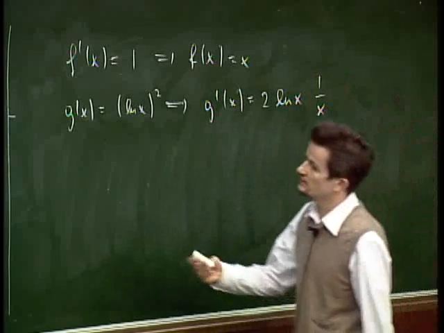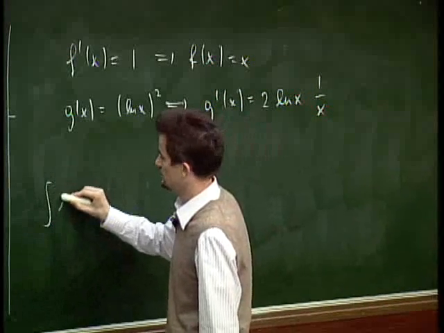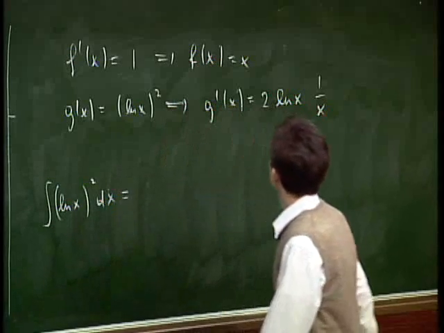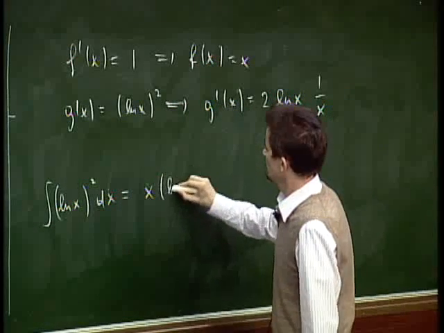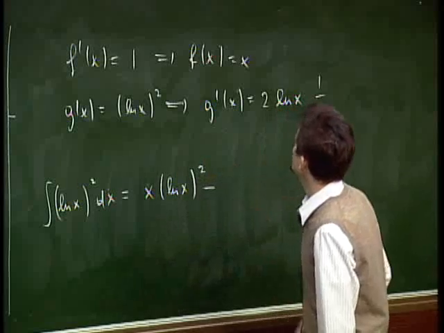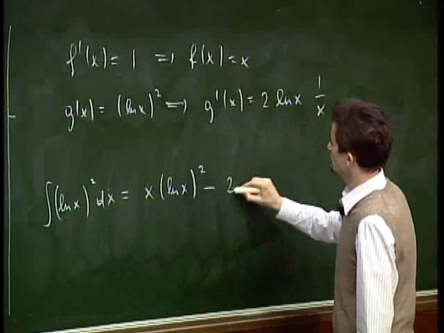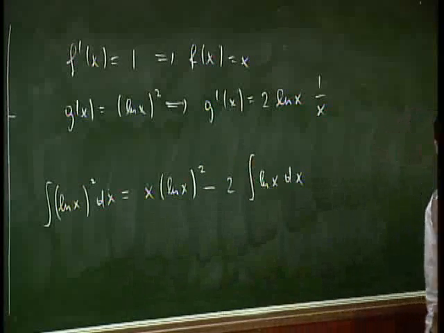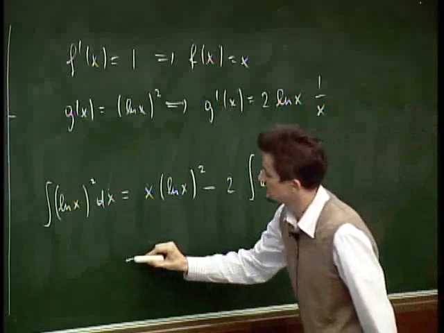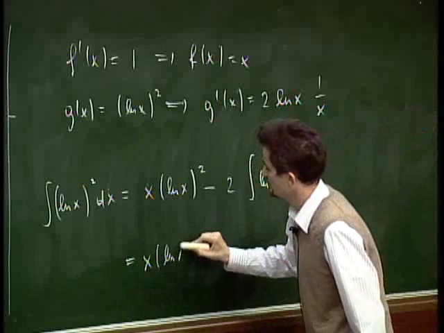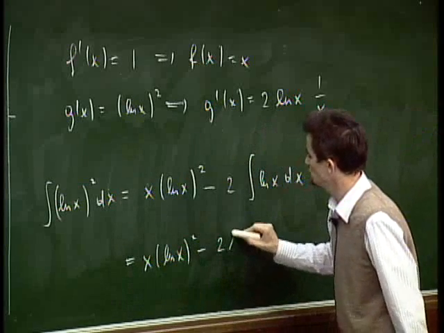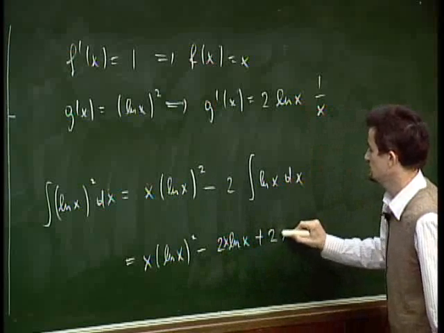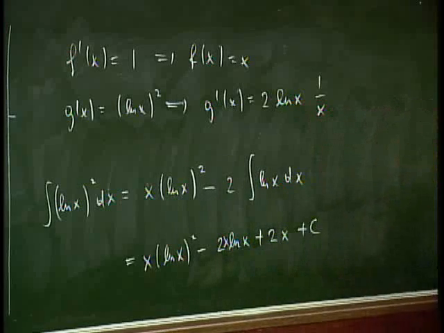Then our integral of ln x squared dx becomes x times ln x squared minus the integral of the product of those two, and this one is manageable because we solved it already. So this is x times ln x squared minus 2 ln x plus 2x plus a constant.